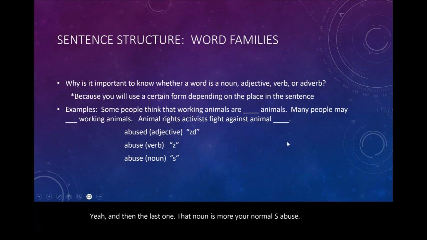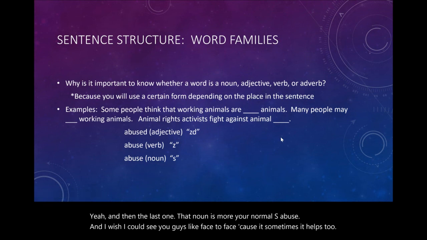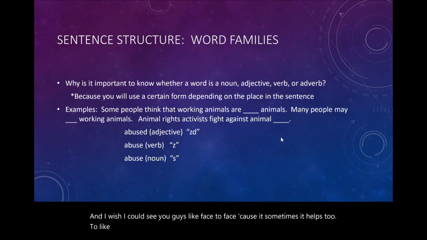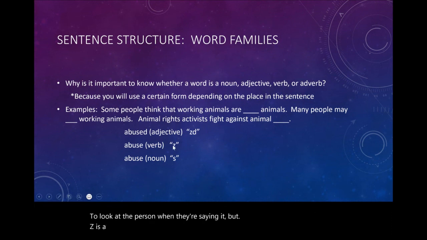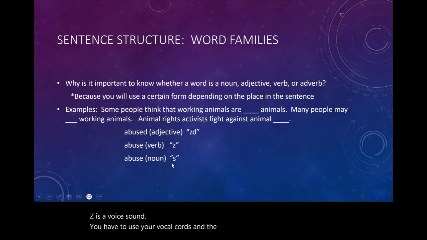And I wish I could see you guys face to face because sometimes it helps to look at the person when they're saying it. But a Z is a voiced sound. You have to use your vocal cords. And the S is not voiced, it's just air.